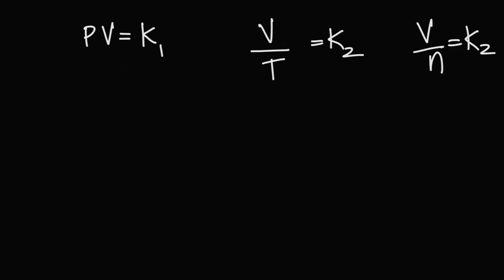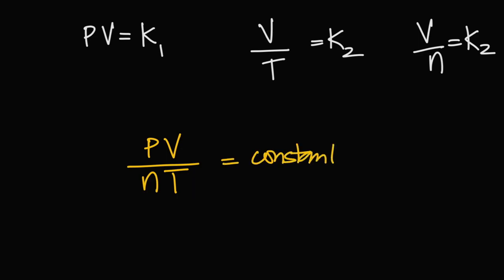And if I combine them into one relationship, PV on the numerator and nT on the denominator, and what I know is that this into this is a constant, and V over n is a constant, and V over T is a constant. So mathematically this relationship is also a constant.